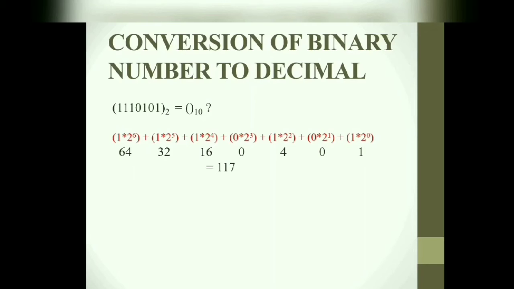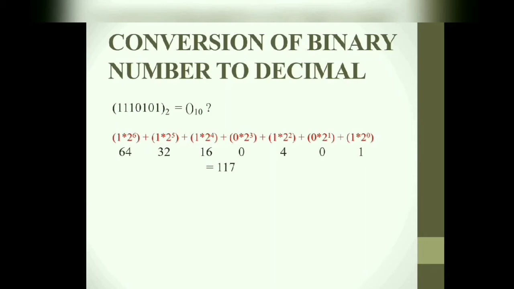Next one, binary to decimal conversion. Here, this conversion has 3 steps. The first one, determine the positional value. Positional value 2 raised to 0, 2 raised to 1, and so on. After determining the positional value, multiply each digit by power of 2.